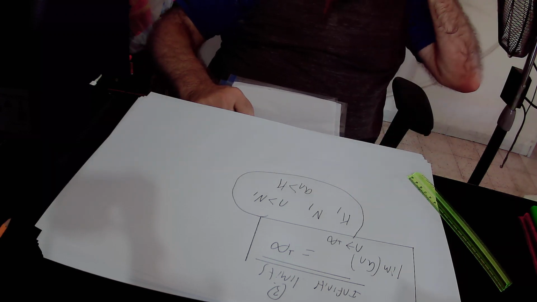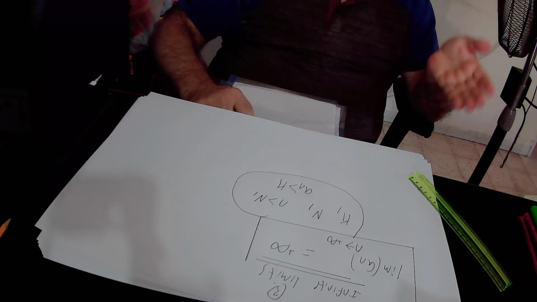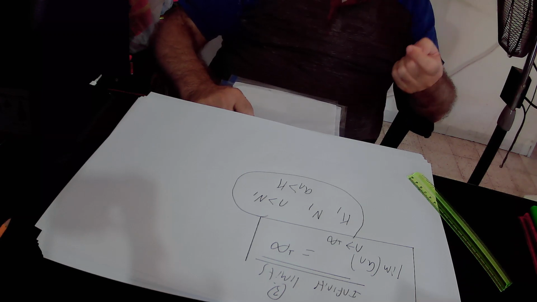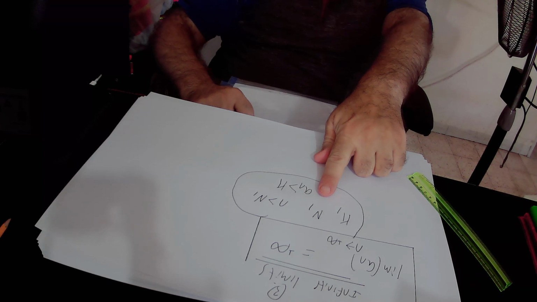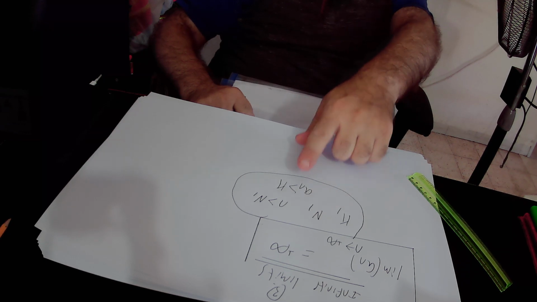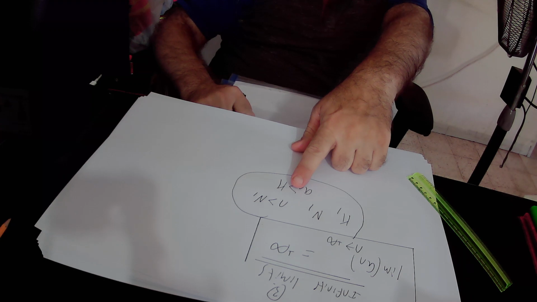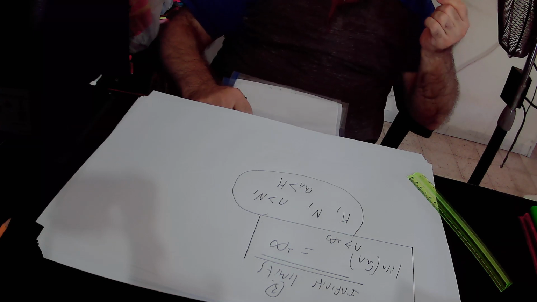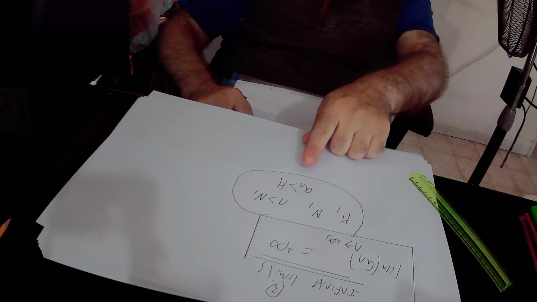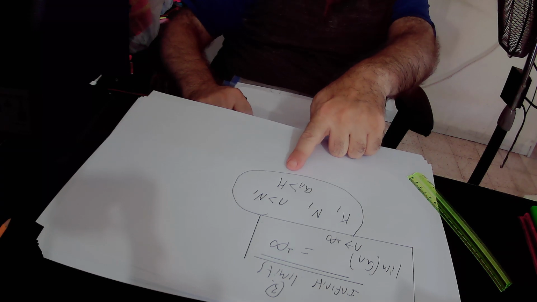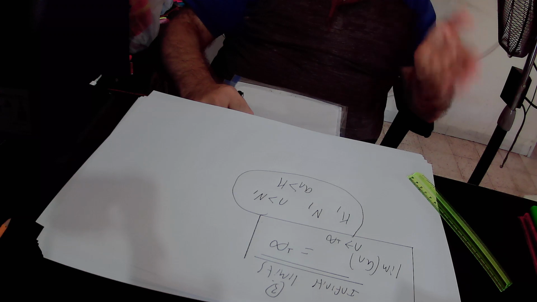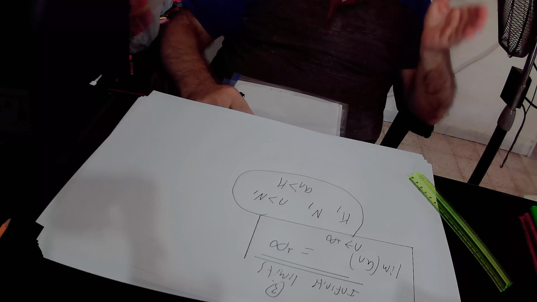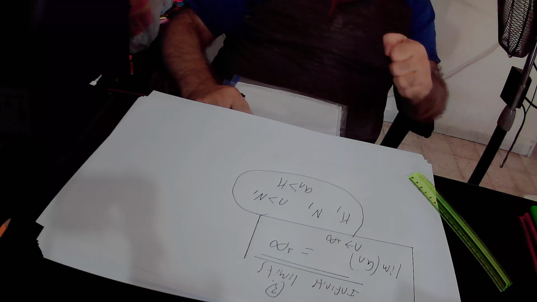So you will give me a number k as large as you want, and I must find capital N that belongs to the natural numbers, and for every n that also belongs to the natural numbers, for every n that is greater than capital N, the terms of the sequence must be greater than k. Okay?